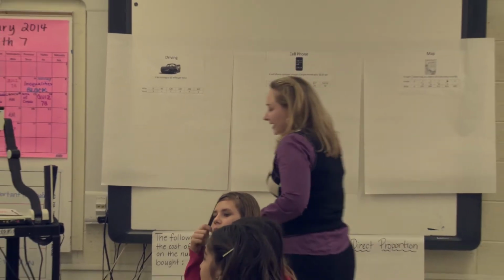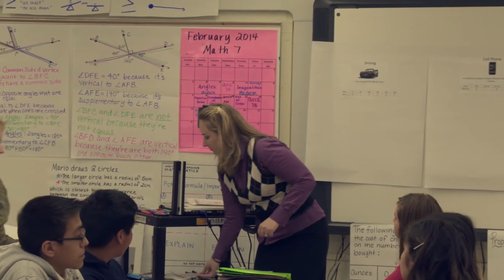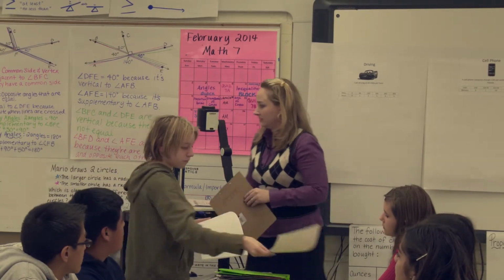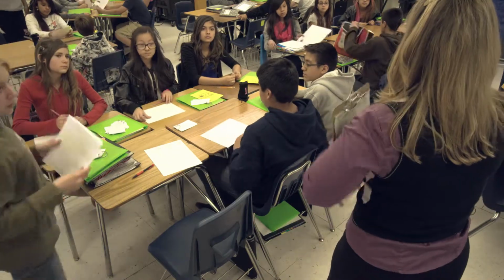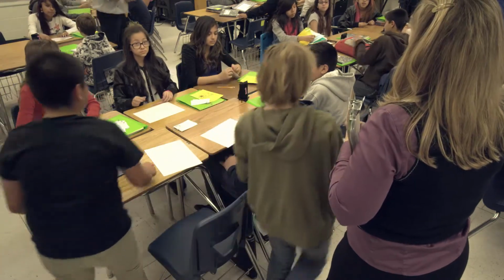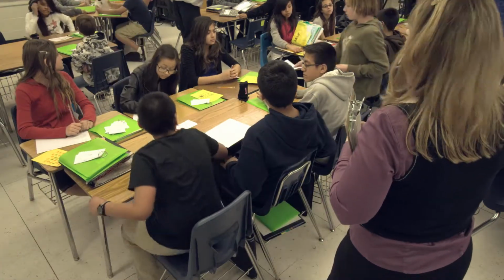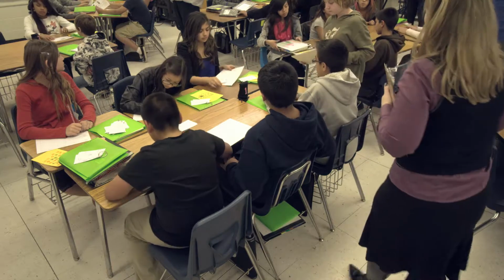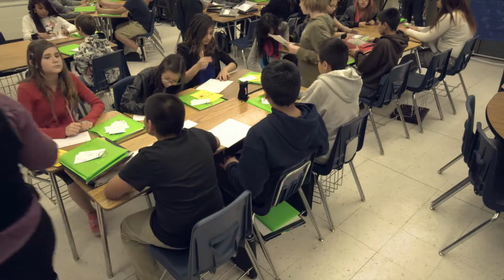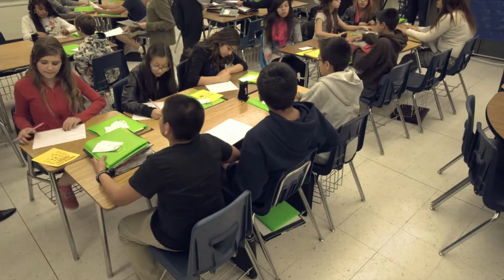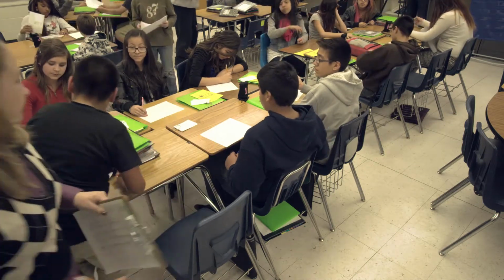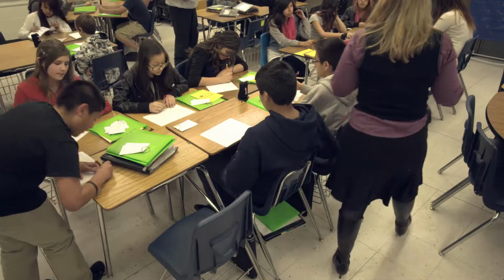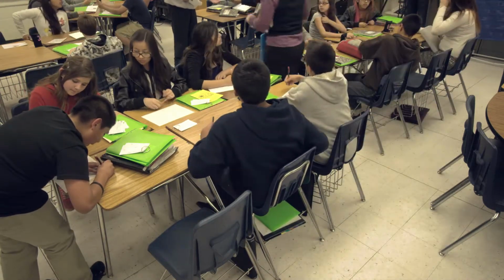Okay? Now I'll be coming around to check in with you. Griffin, you're going home, so you need to go to the office. So Jalissa and Cheyenne work as a group of 3, okay? So they only need 1 now.